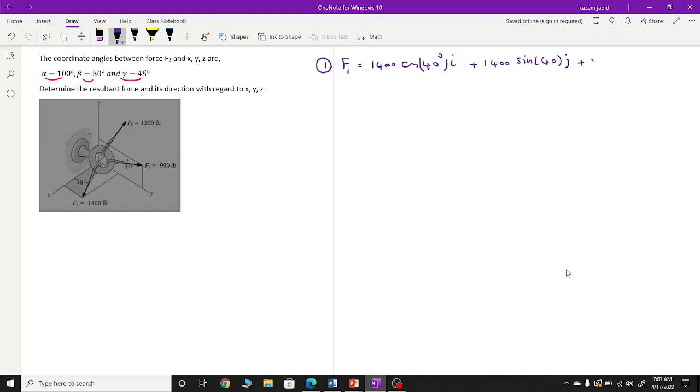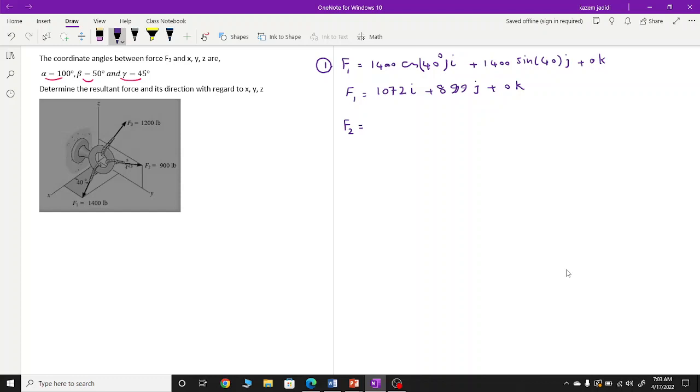And like I said, we don't have any z component. You don't need to write it, but I'm writing it so that you can see we don't have any force acting in z direction. Now, if you solve this, it's going to be 1072i plus 899j plus 0k.